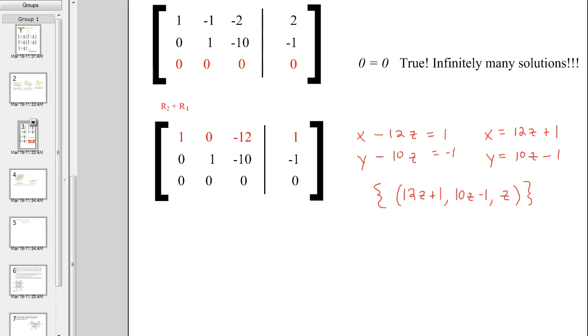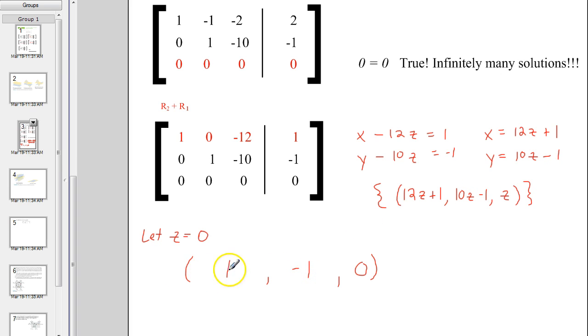Now, let's identify a specific solution. So let's let z equal 0. All right, if z is 0, then I get 12 times 0 plus 1. So 12 times 0 is 0 plus 1 is 1. All right, 10 times 0 is 0 minus 1 is negative 1.